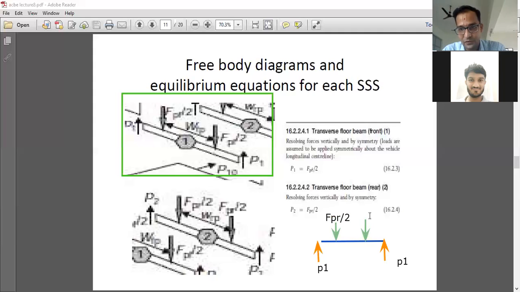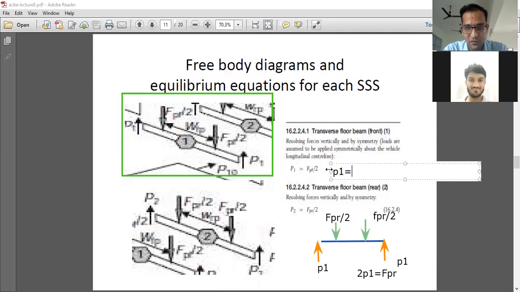Over here also FPR divided by 2, and P1 is counted like this. Front passenger load FPL is the same, and here is P1. So my equation will go like this: 2P1 equals FPR. So P1 is FPR by 2. We are getting the same equation here.